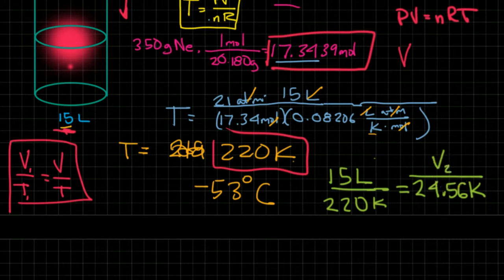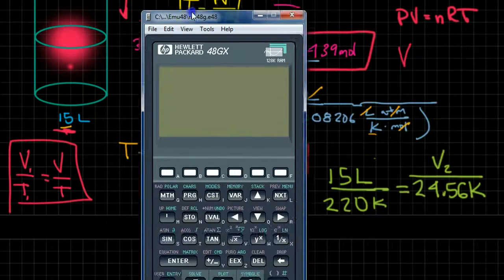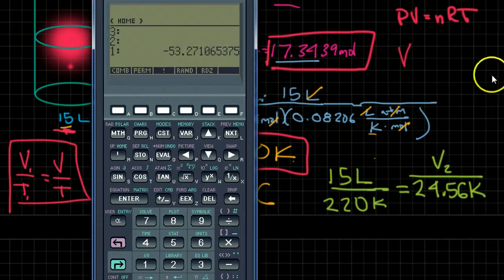Let's do the math. This is easy now. Calculator. Hi, calculator. I love my HP, it's such a nice looking good boy. Okay, 15 liters is where I started out, times 24.56 Kelvin, not 1,000, and I divide it by 220 Kelvin.